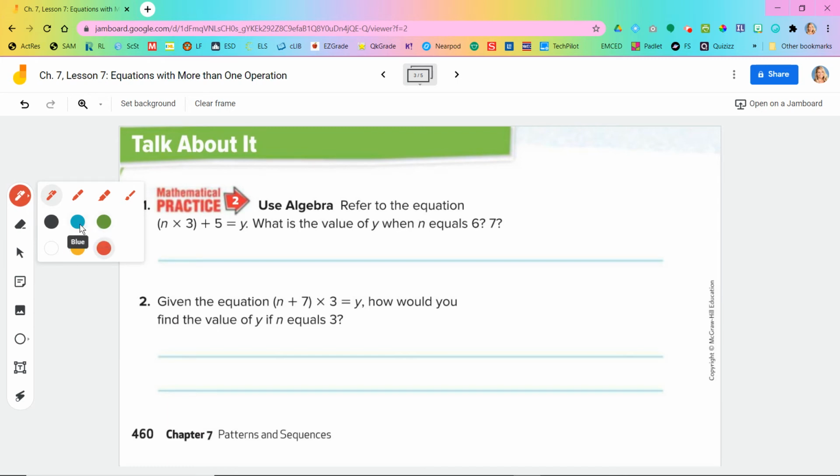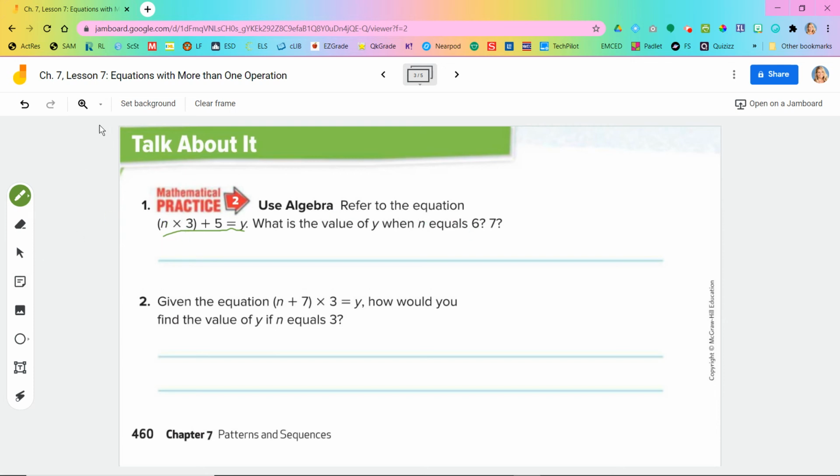All right, so let's take a look at this. Let me see. Let's use this one, see how this one looks. Refer to the equation n times 3 plus 5 equals y. What is the value of y when n equals 6? 7. So what this is saying right here is it wants us to use this equation and input 6 for n and then input 7 for n.